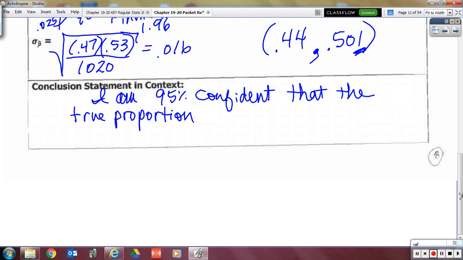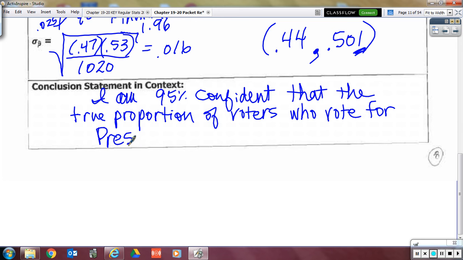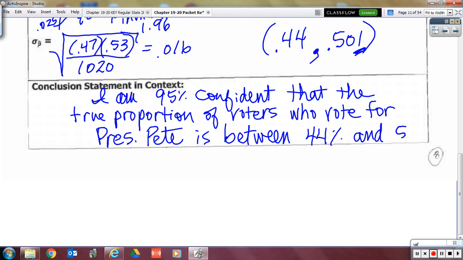The true proportion of voters who vote for Presidential Pete is between 44% and 50.1%.